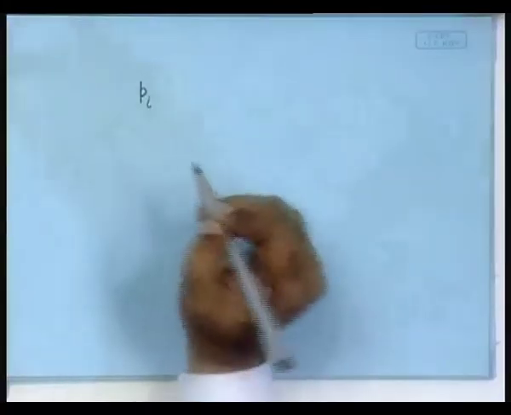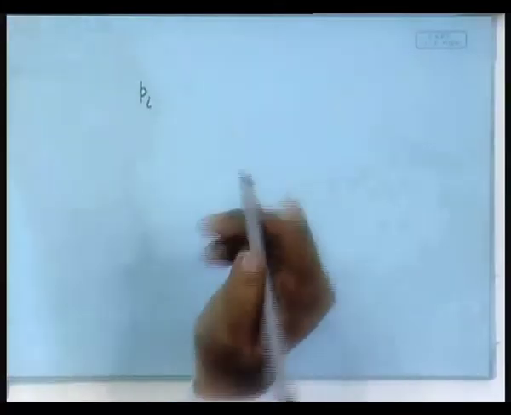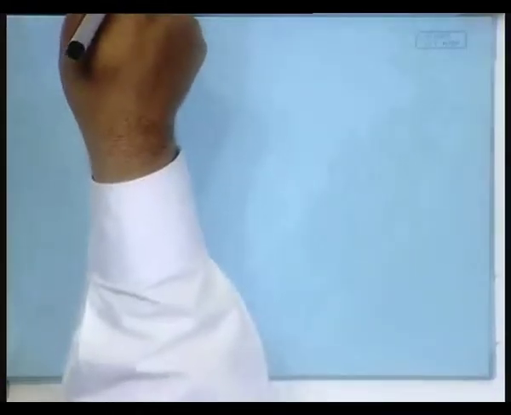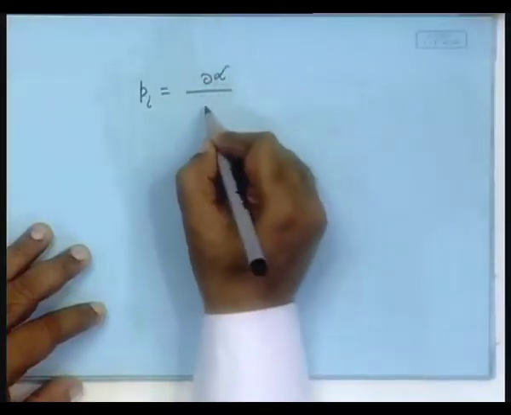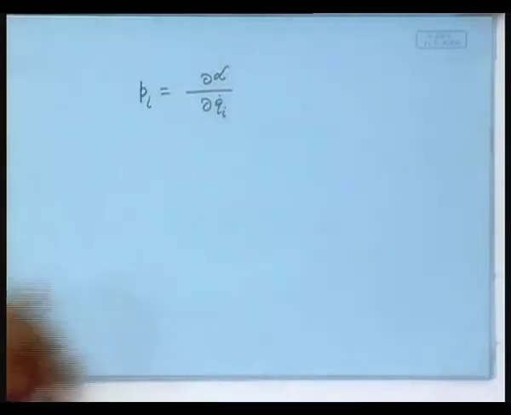I will show you. So, first we define the p i. Notice we had q i and now we are trying to define p i. What is p i? Notice what it is: the momentum in the generalized i direction, that is nothing but the derivative of the Lagrangian with respect to q i dot.